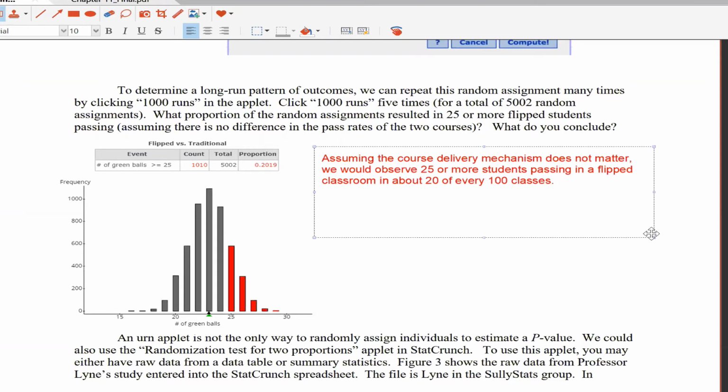And so the fact that we observed 25 students passing is not at all unusual.